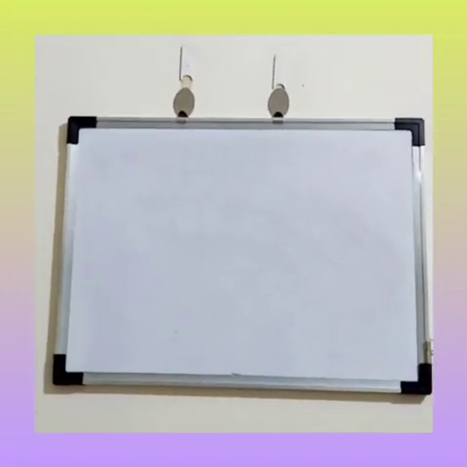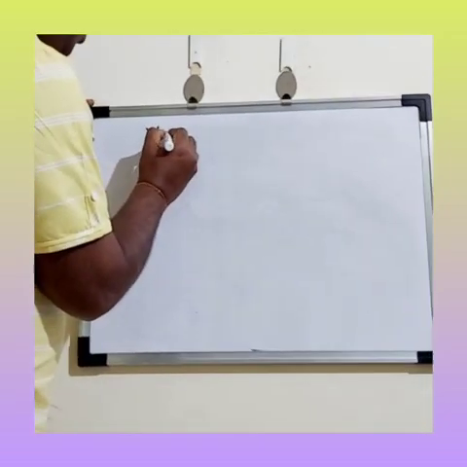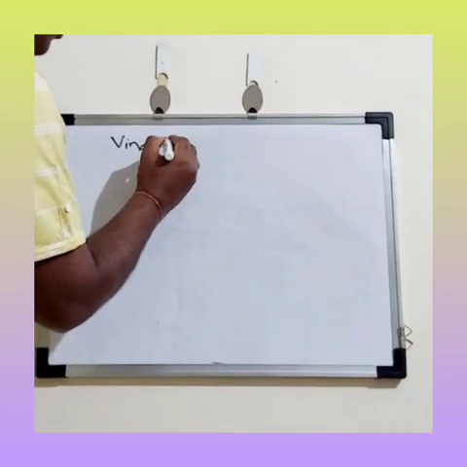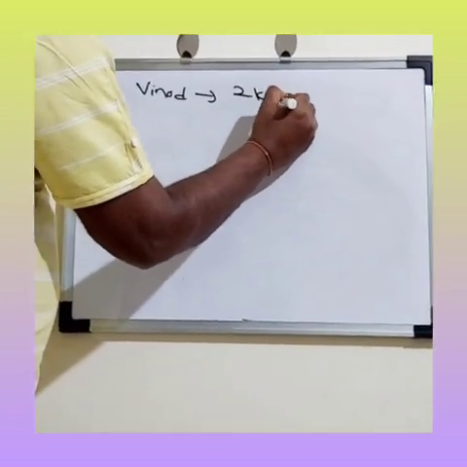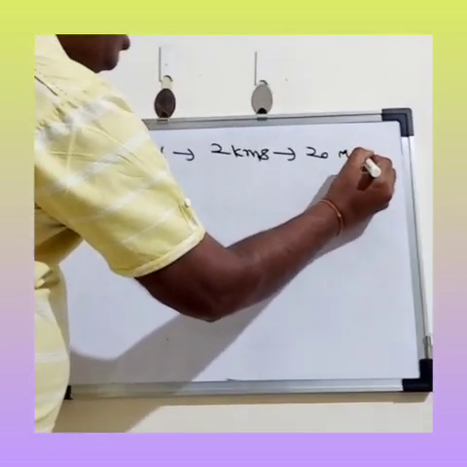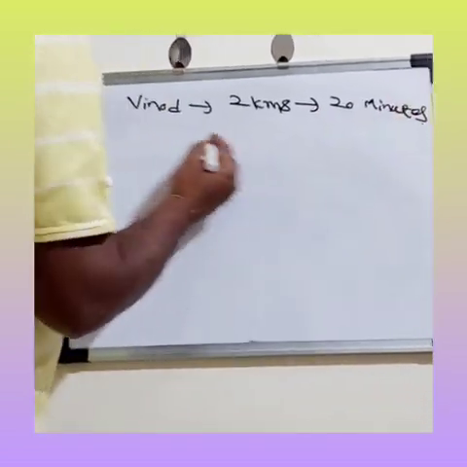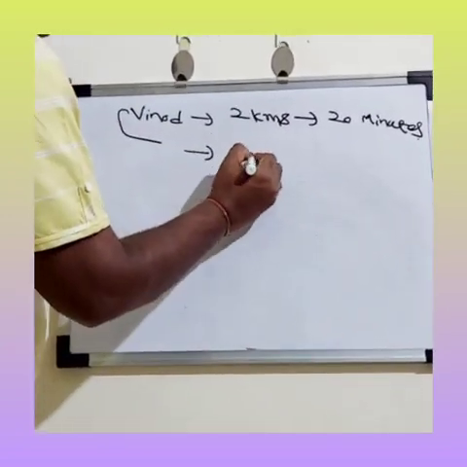Now we will see one more problem related to division. Vinod runs 2 kilometers in 20 minutes. How much time will it take for Vinod to cover 500 meters?